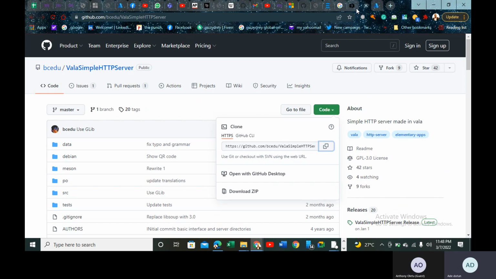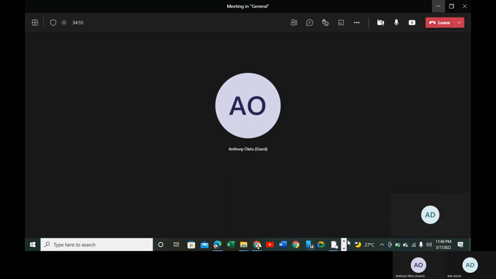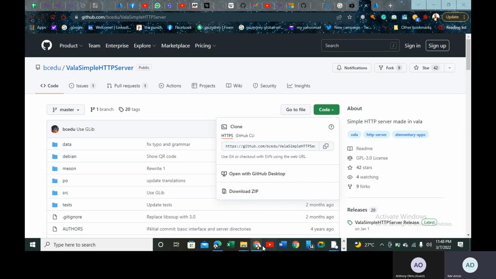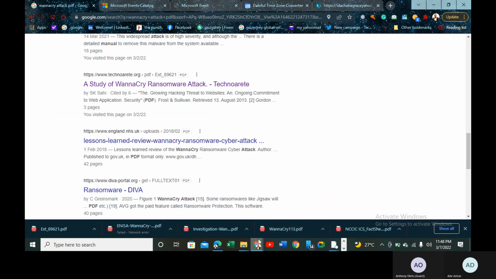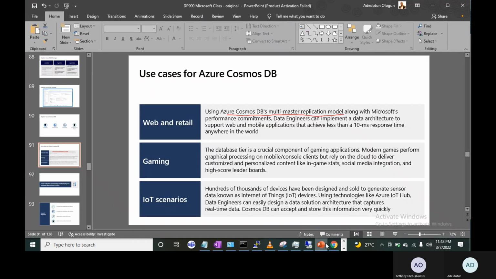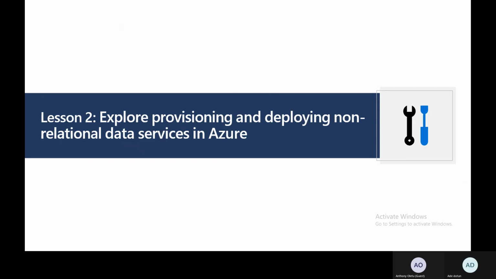Okay, so let's go to the slide. Okay, so we are done with IoT, so we can now see what it can do. Explore provisioning and deploying non-relational database.